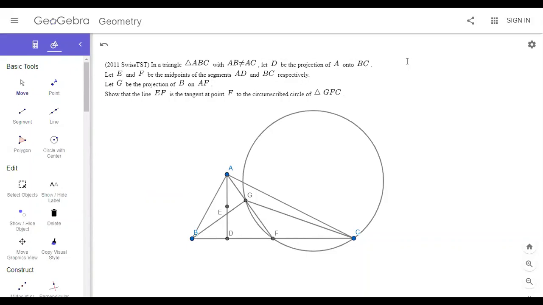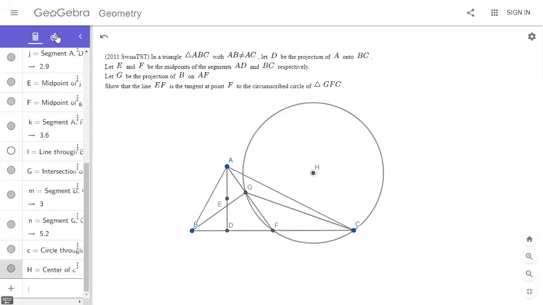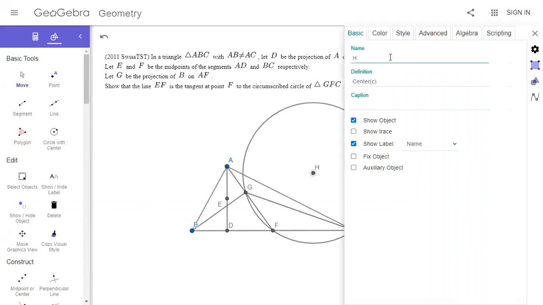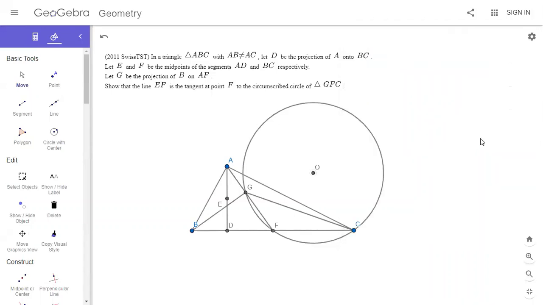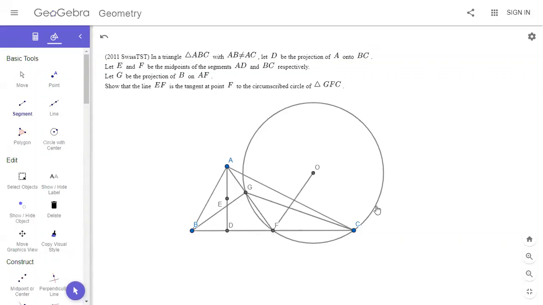Can I draw the center of that circle? Yes. Call it O. Connect it with F. Yes. So we want to show angle EFO is 90.